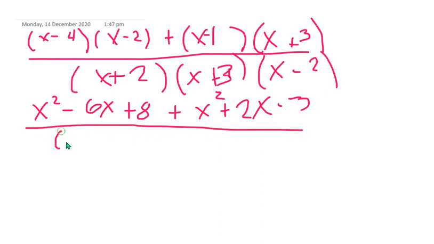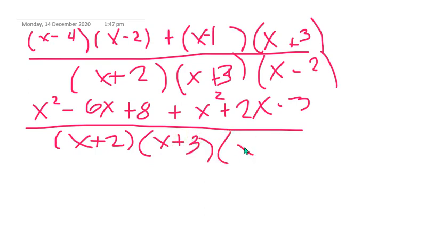Then, copy x plus 2 times x plus 3, then x minus 2. Simplify first. We have x squared plus x squared is 2x squared because 1 plus 1 equals 2. Negative 6x plus 2x is negative 4x. 8 minus 3 is equal to 5.